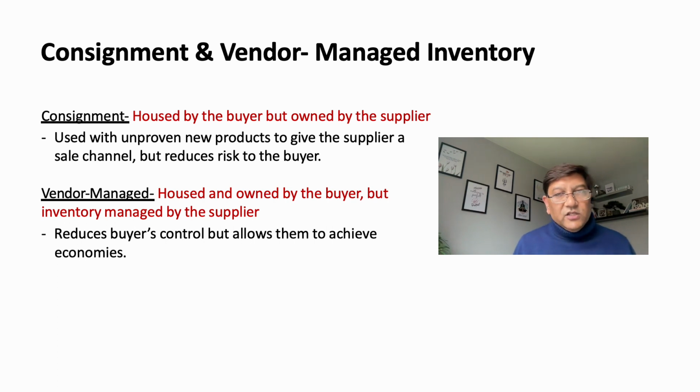The second type is vendor managed inventory. Vendor managed inventory is housed and owned by the buyer, but the inventory is managed by the supplier. In consignment, I was supplying the inventory to the buyer, and the buyer only pays me whenever it sells. Now in vendor managed, I'm also managing the inventory at my buyer's place, so at the retailer.